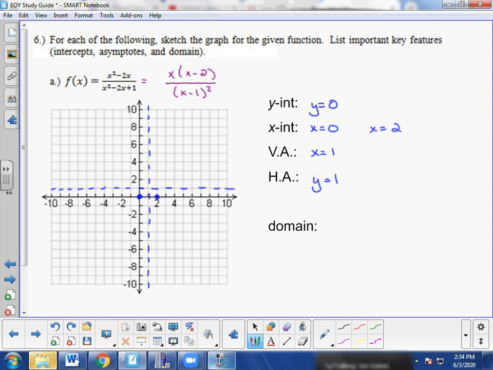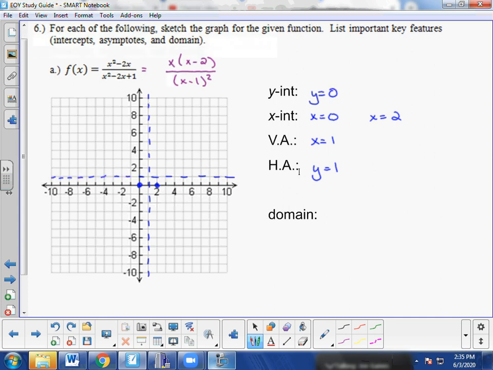Now, the other thing that we want to check is that this graph does not cross the horizontal asymptote. Or if it does cross the horizontal asymptote, we want to make sure that we have that location. It's going to approach the horizontal asymptote towards infinity on the x-axis and towards negative infinity on the x-axis, but we need to see from which side to see if it crosses. To do that, you take the equation and set it equal to the horizontal asymptote.